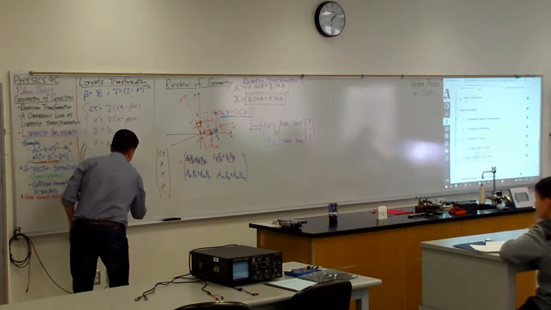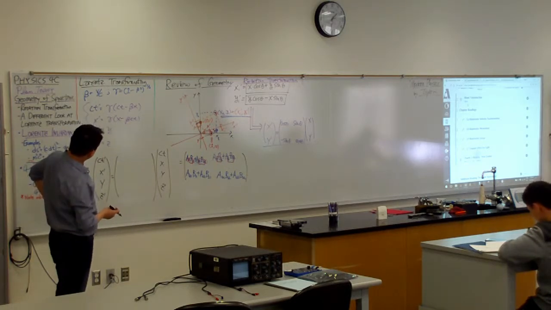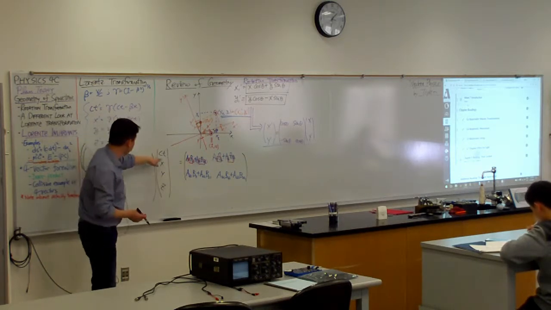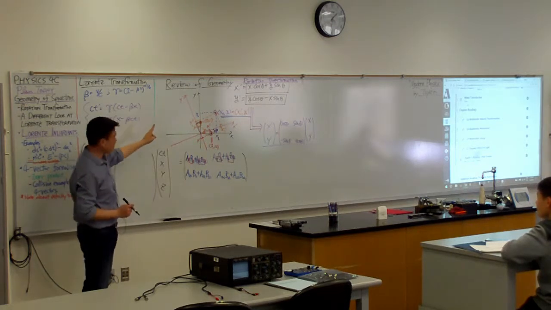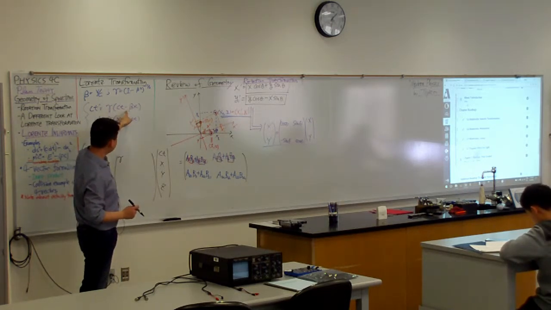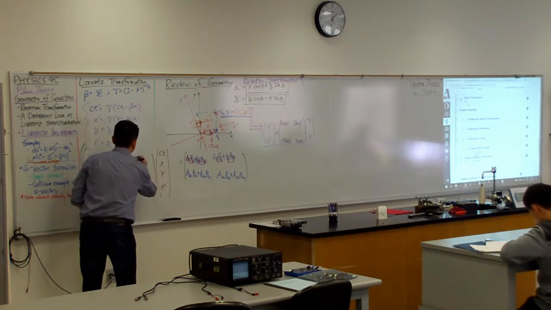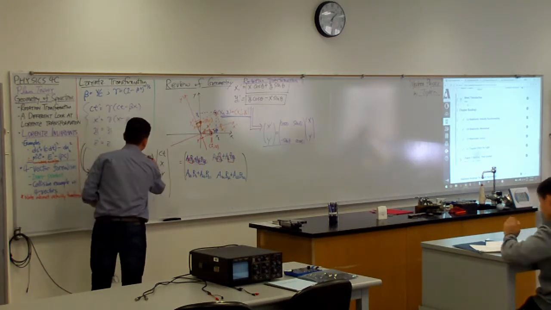For Ct prime, I want it to be gamma times Ct, so gamma here. And if I expand this out, it's minus gamma beta times x, so minus gamma beta. Then I don't want any y's or g's, so it'll be 0, 0.